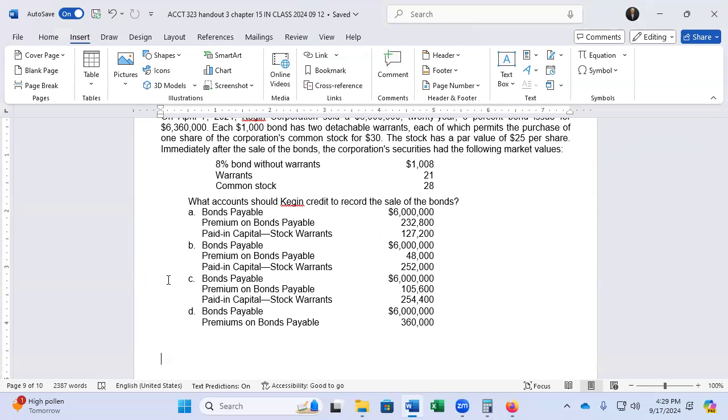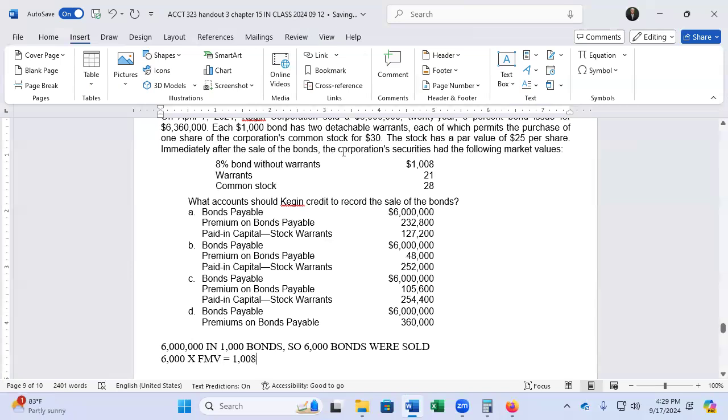Okay, so we had $6 million in $1,000 bonds. So 6,000 bonds were sold. 6,000 times the fair market value equals 1,008.